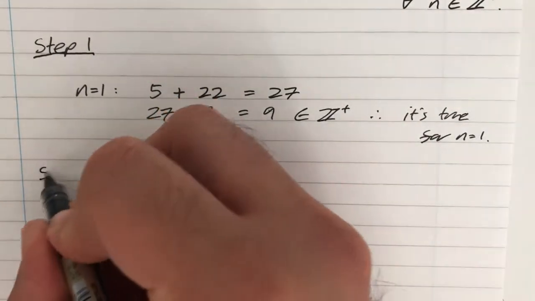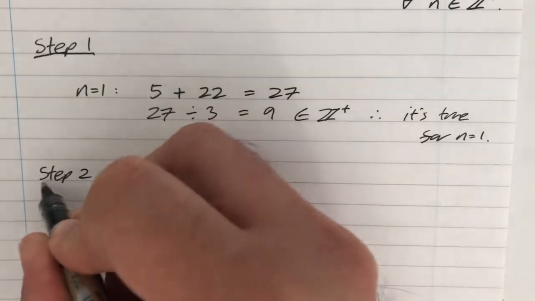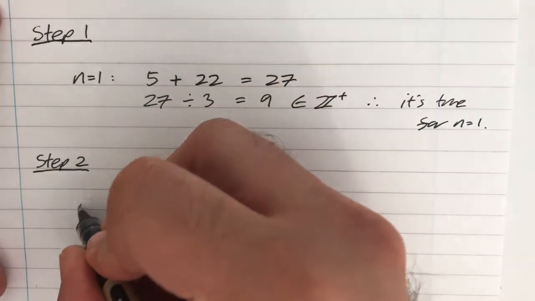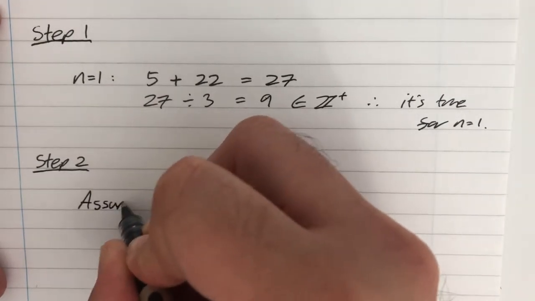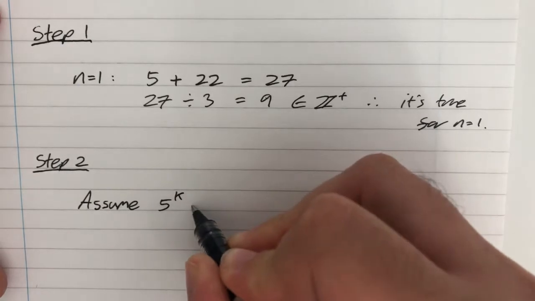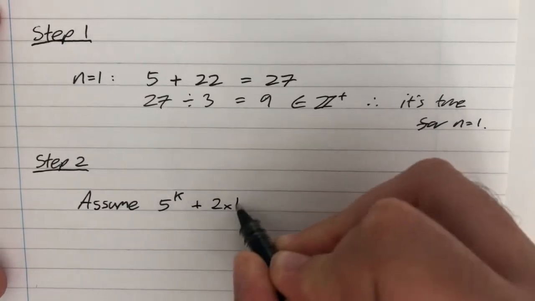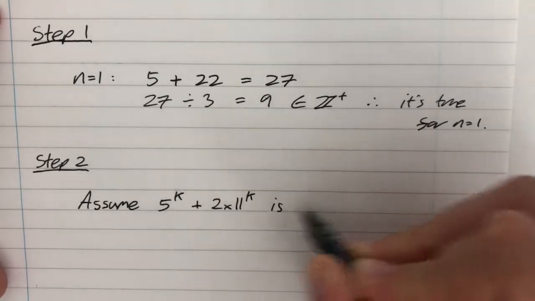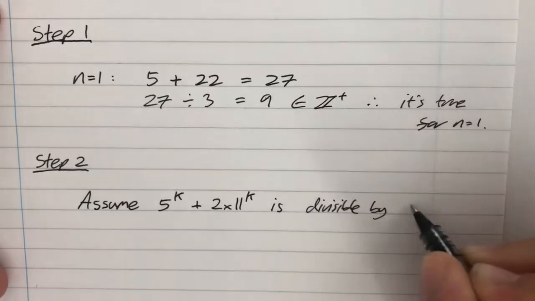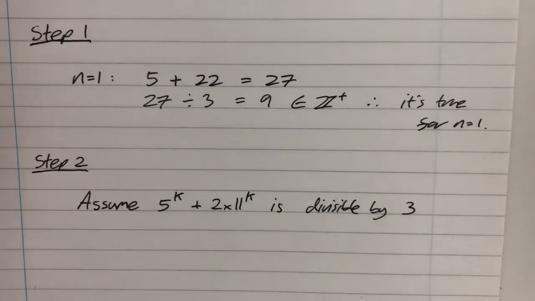Step 2. This step, I break it down into 3 sub-steps. So we state the assumption. So in this case, I'm going to assume that 5 to the k plus 2 times 11 to the k is divisible by 3 for some positive integer k.